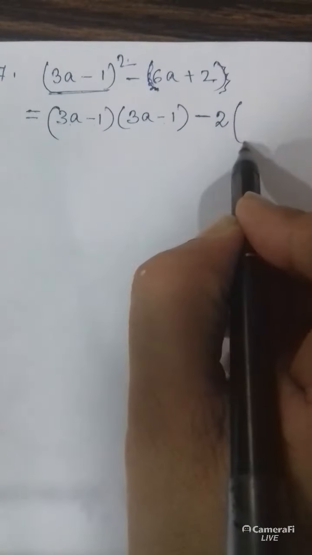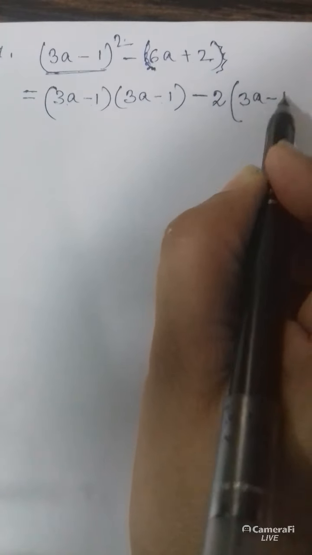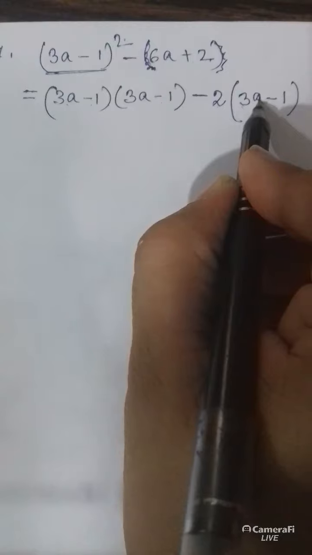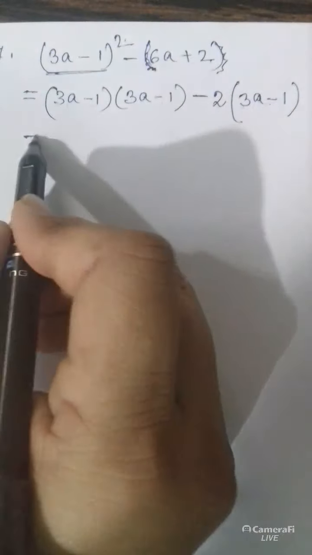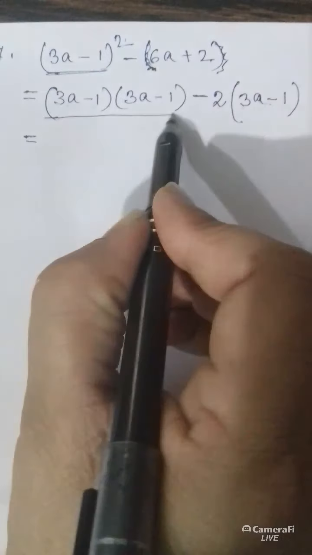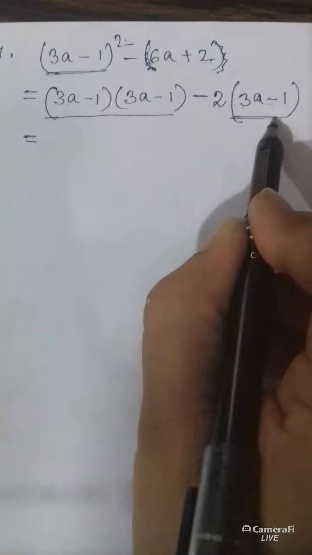If we take 2 as a common factor, then 3a minus 1: 2 times 3a is 6a, minus 2 times 1 is 2, minus minus plus 2. In this term 3a minus 1 into 3a minus 1, and in this term also 3a minus 1.